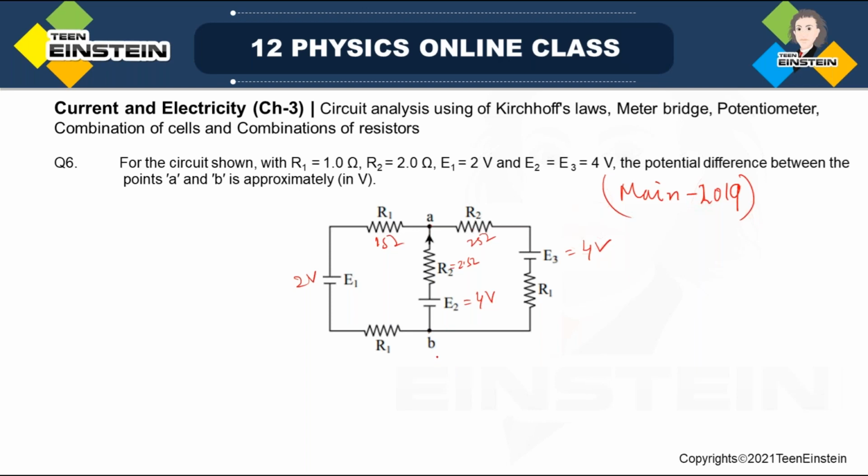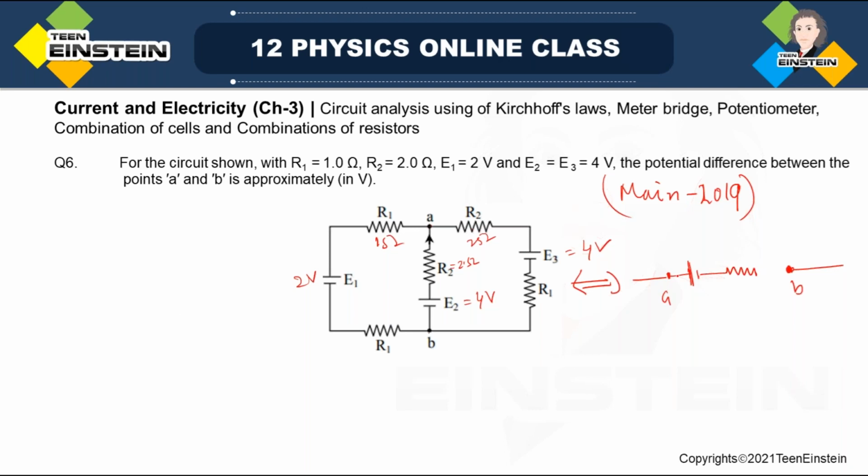Okay, so if we try to draw an equivalent circuit diagram for this, I'll just keep A and B over here. Suppose this is A and this point is B. Now we draw all the components. A has the positive terminal, B has the negative terminal, along with a resistor.